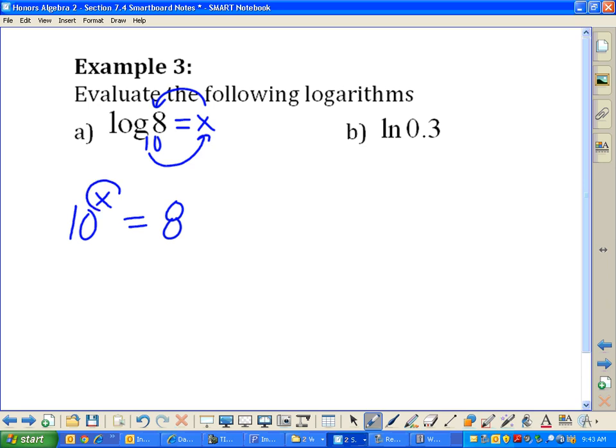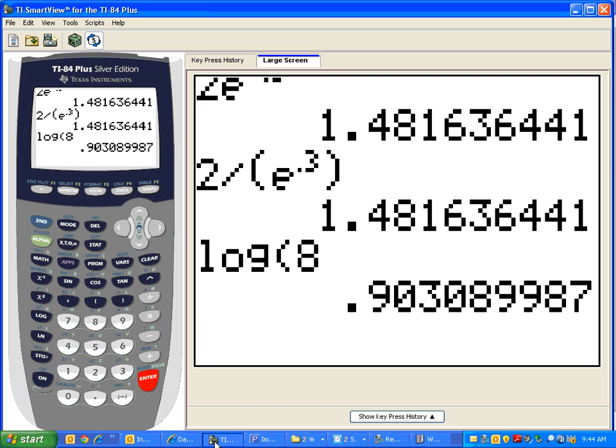Looking at x, it can't even be 1, because if you raise 10 to the first power, your output is 10. So we know that it had to be a number smaller than 1. And because 8 is a little smaller than 10, x is a little smaller than 1. So when we threw that number into our calculator just now, we did get 0.90. I usually round to 2 decimal places for our value there.